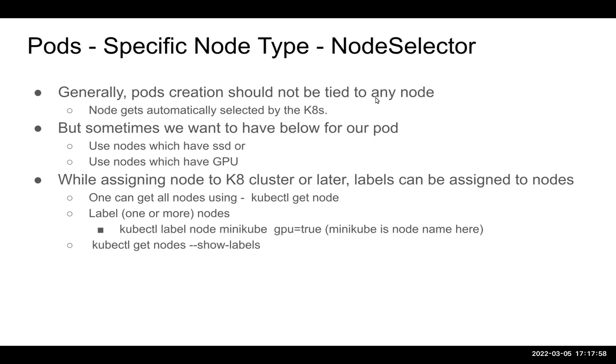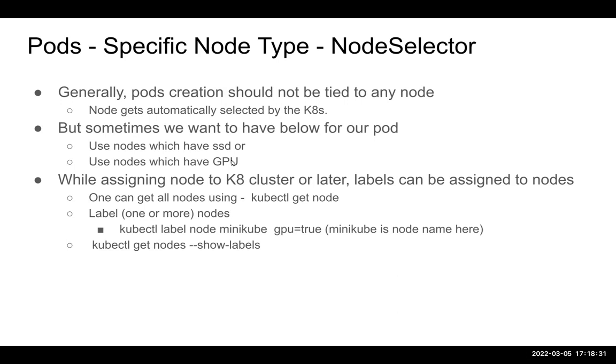But sometimes, I have given an example below, we want to tie our pod to certain nodes. We will not give the node IP, that is anyways not possible, and even if it is possible we should not be doing it, but at least it allows us to specify certain types of nodes. For example, I want my pods to use nodes which have SSD, or nodes which have GPU.